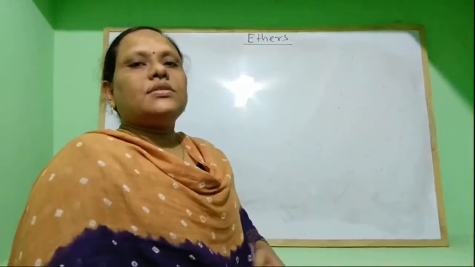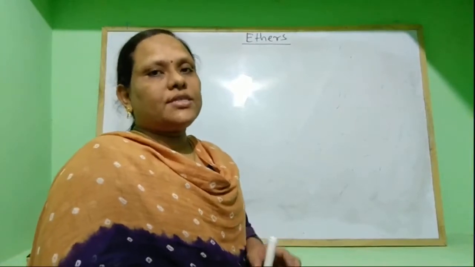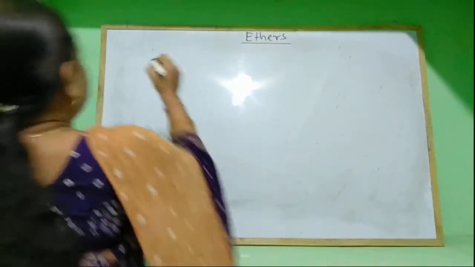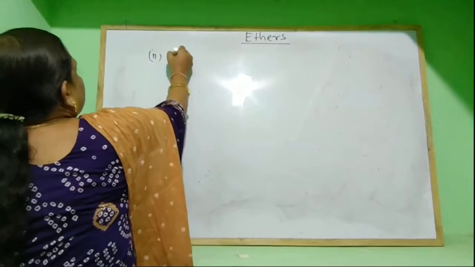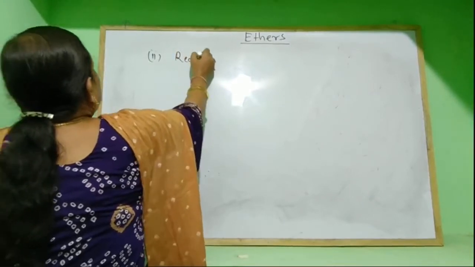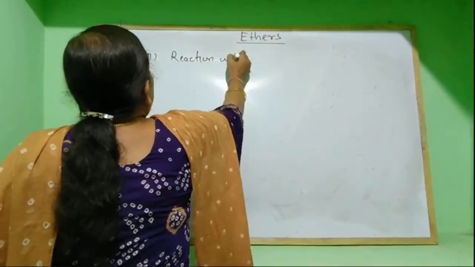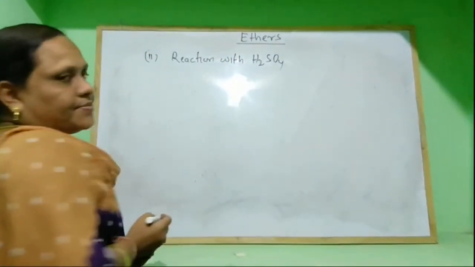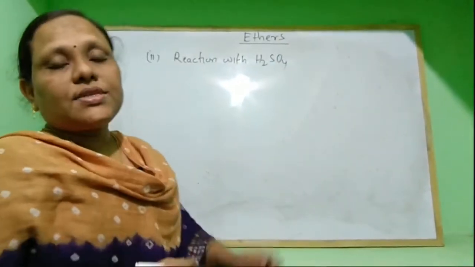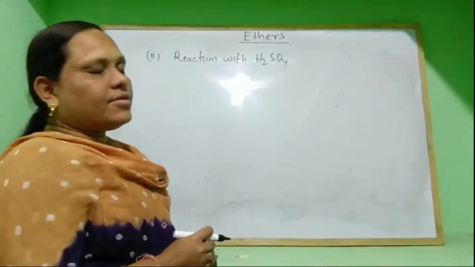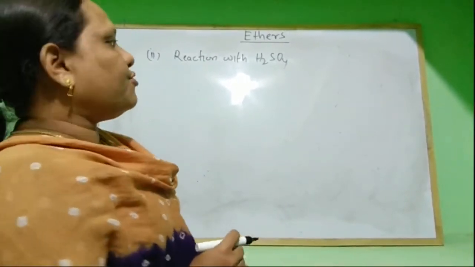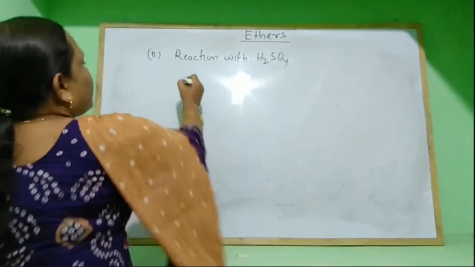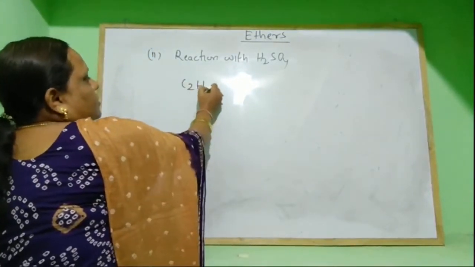Let us consider the other reactions where cleavage of C-O bond takes place. Reaction with sulfuric acid. When ethers react with dilute sulfuric acid, they undergo hydrolysis to form alcohol. Look at the example.